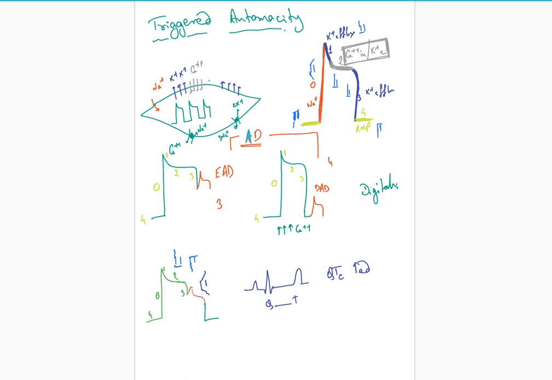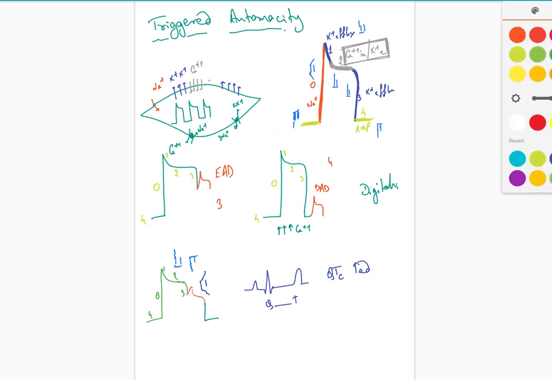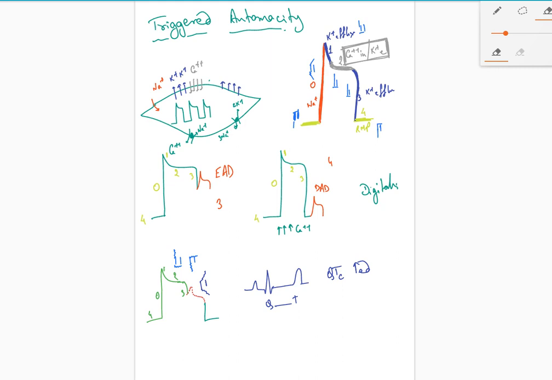AD means after depolarization. So depolarization is taking place, now something is happening after it. So it can happen a little bit early or it can happen a little bit late. After depolarization, it can happen early or it can happen late.